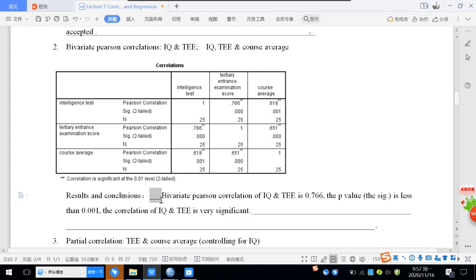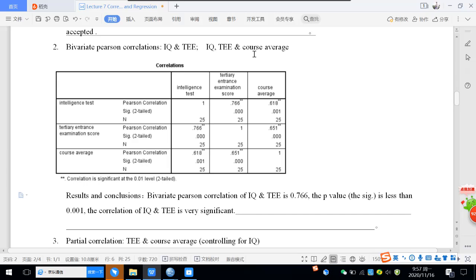Okay, next. Then IQ and the course average, TEE and the course average. Okay, then also the IQ and the course average, the correlation is 0.618.